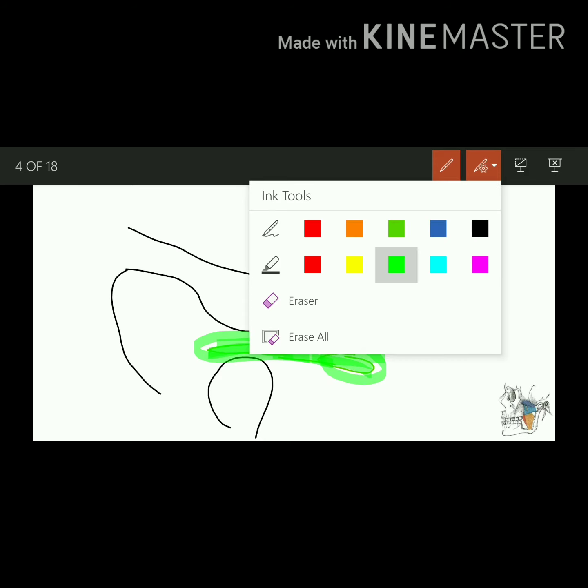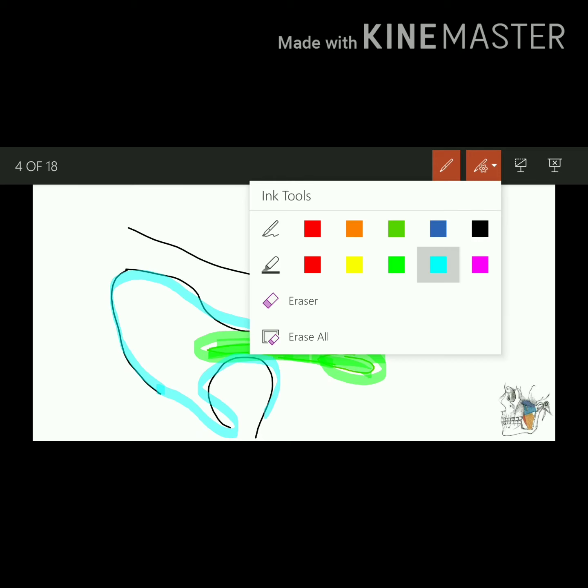Now it has to be held in position. We all know the articular surface is lined by fibrocartilage. This articular disc has to be anchored to the surface. So this has a posterior bilaminar region. The upper bilaminar region is attached to the temporal bone, whereas the lower is attached to the condyle of the mandible. Anteriorly, it is continuous along the tendon of the lateral pterygoid muscle.